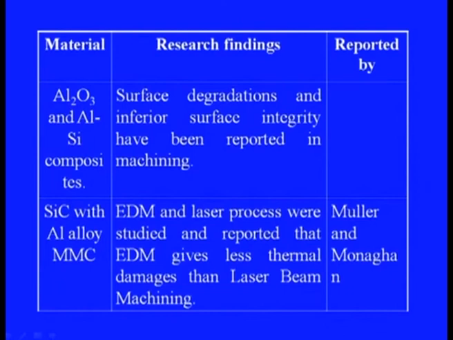Then EDM and laser processes were studied and it was reported that EDM gives less thermal damage than laser beam machining. This was done on silicon carbide with aluminum alloy, which is also another kind of MMC.